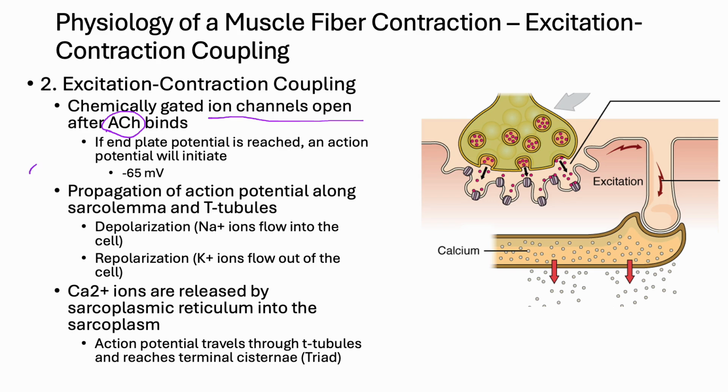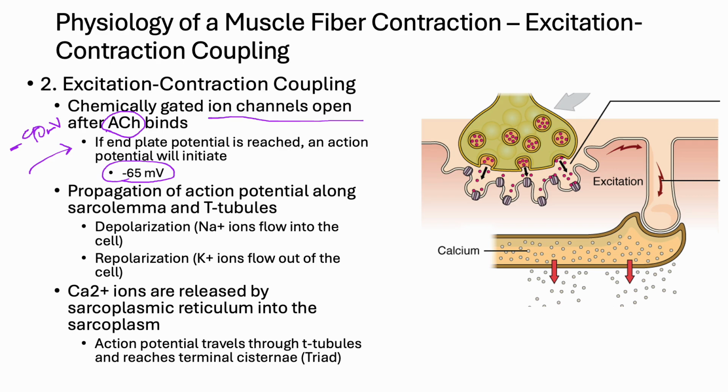Here's the thing, just like with a neuron, there's a threshold that has to be met in order for an action potential to travel. It's the same with a muscle fiber. There has to be a change. With a muscle fiber, we're starting at negative 90 millivolts, and the muscle fiber has to reach a potential of negative 65 in order for an action potential to be initiated.